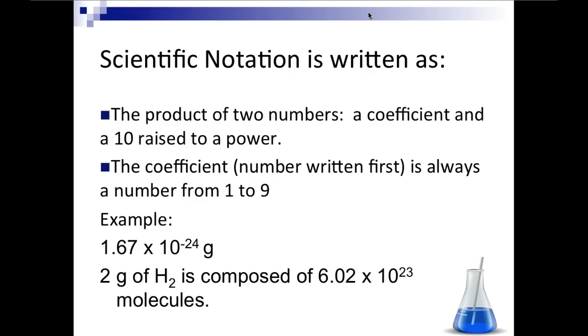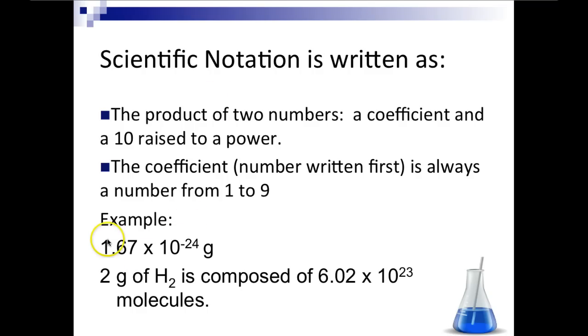So there are a few ways for you to remember how to write scientific notation. Scientific notation is written as the product of two numbers, a coefficient and a 10 raised to a power. The coefficient is the number that's written first, is always a number from 1 to 9.